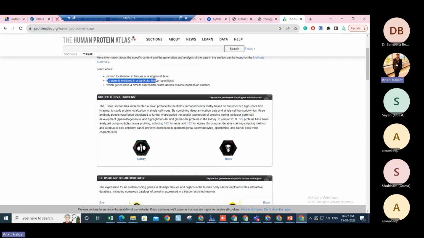So how is protein localized in tissues at a single cell level? If you are interested in a particular thing, you can explore how proteins are expressed, whether a gene is enriched in a particular tissue, and which genes have similar expression across tissues, that is, your housekeeping genes. All these things you are getting.